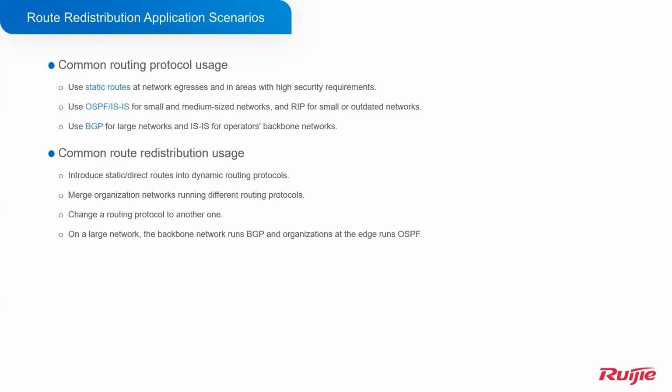So you must have a tool that can transmit the routing entries calculated by OSPF to BGP so that BGP can share these entries with others. And the tool we just mentioned is called route redistribution.